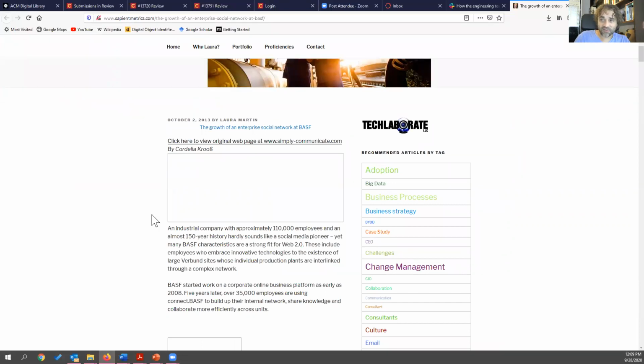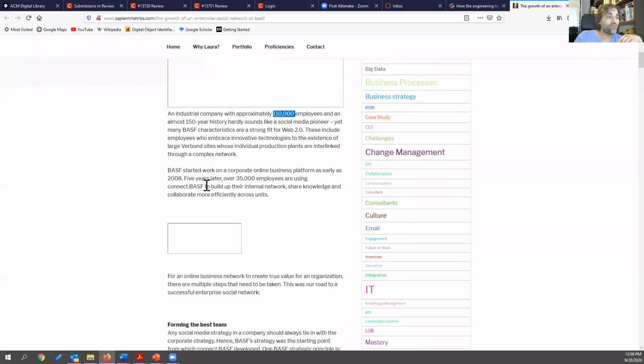But this is an article about how BASF has used social media. I don't remember which one, but they used a social media platform mostly to stimulate communication. They say we have approximately 110,000 employees, and we want to build up an internal network, share knowledge, and collaborate more efficiently across units.